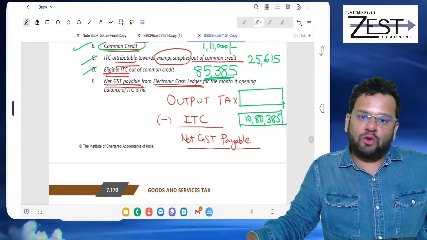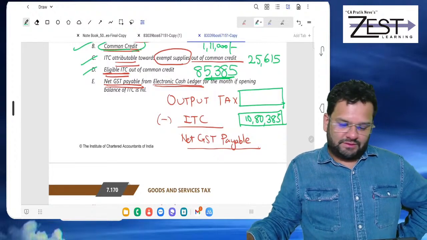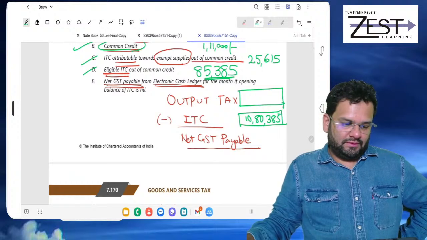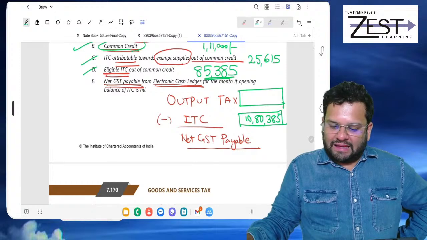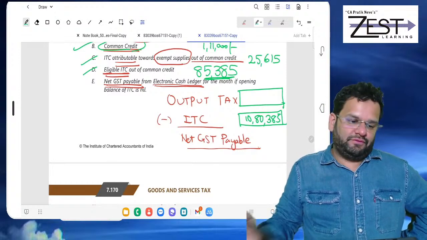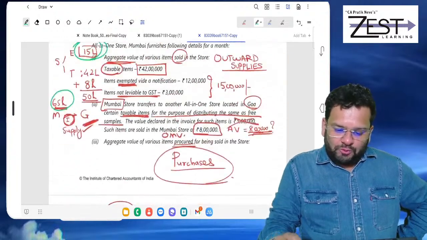May I go for output tax now? Say X in the chat window when you get 10,80,385. Now I will go for output tax.